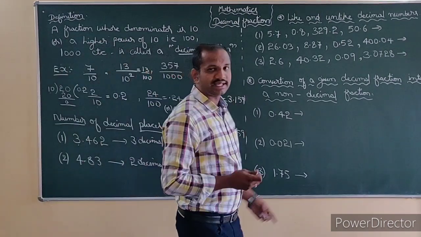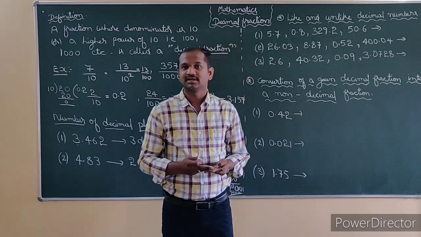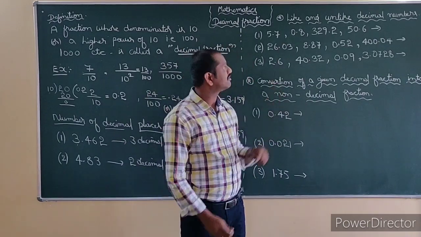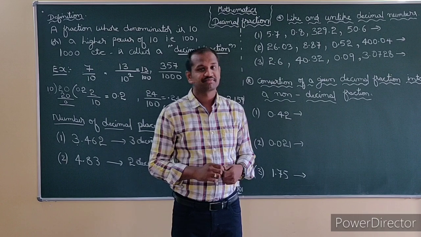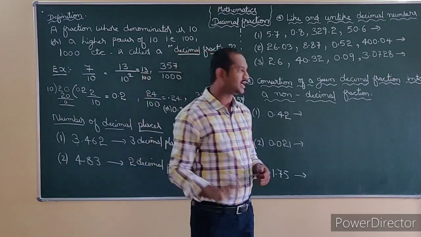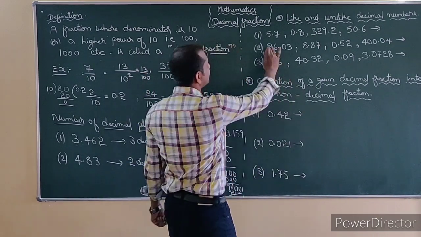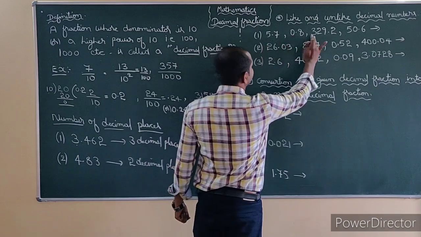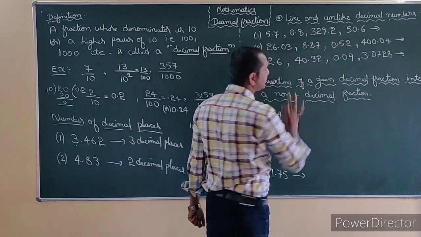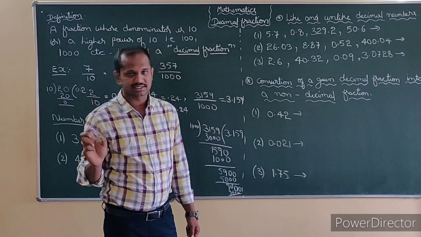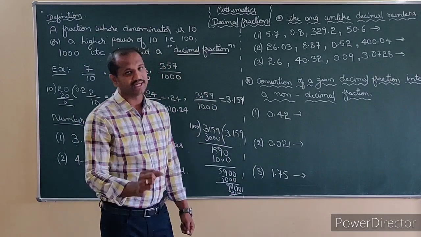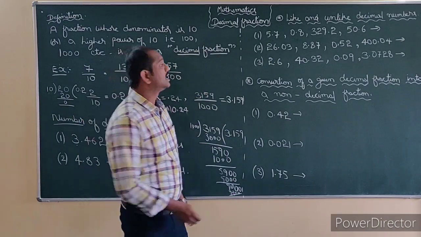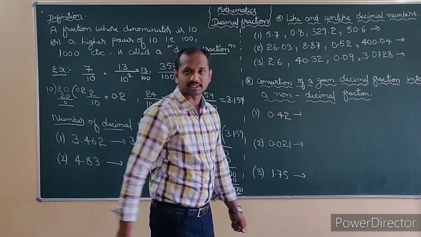Next, like we have studied like fractions and unlike fractions, we also have like and unlike decimal numbers. It is very easy compared to that. See here, we have 5.7, 0.8, 329.2, 50.6. We have a set of numbers. One common thing you can notice: after the point, how many numbers are there?